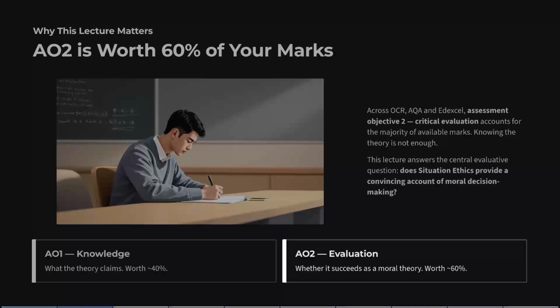They all use mark schemes that distinguish between students who describe a debate and students who participate in it. And so this session will teach you to participate. The evaluative question that we are answering is, does situation ethics provide a convincing account of moral decision making? Hold that question in mind throughout and everything will follow.